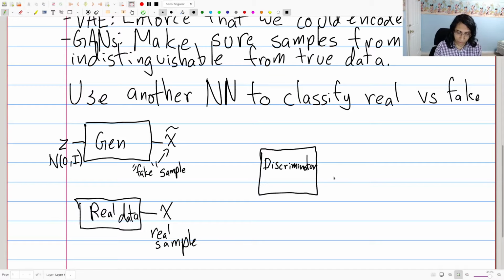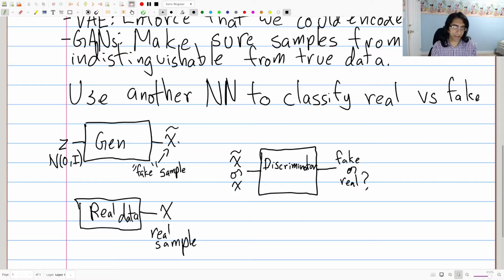And what's going to happen here is that it's going to have to basically output. It's going to take in an input, either say x tilde or x, and then it has to output fake or real.